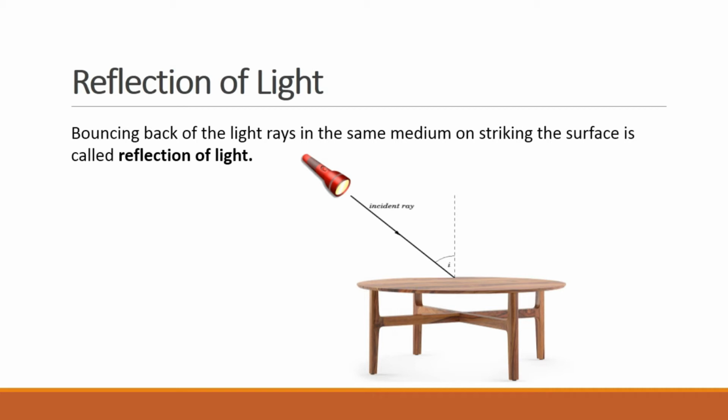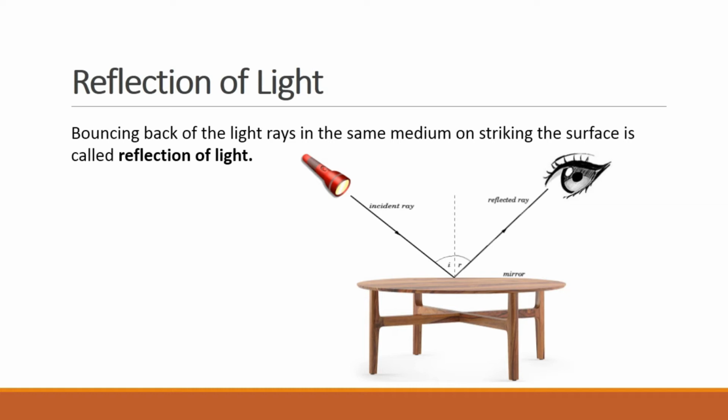And this table will reflect the light rays, or we can say it will bounce back the light rays. The ray which is reflected by it is known as the reflected ray. And this reflected ray will enter our eyes, due to which we are able to see these objects.